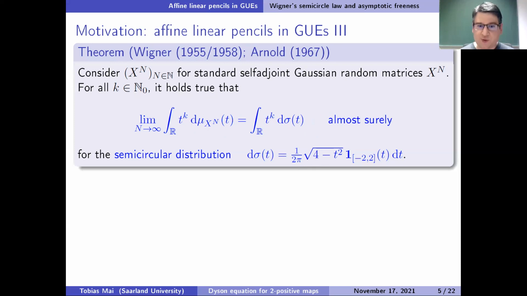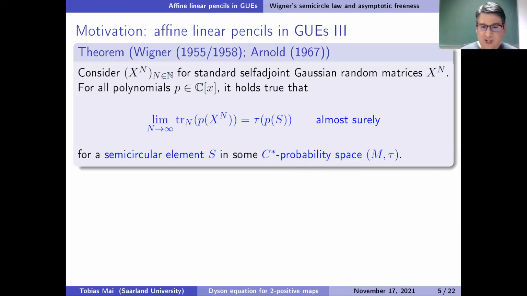And this, in terms of the histogram, simply means that you don't have to take the average over more realizations of your random matrix in order to see this limiting behavior. You can just do it for one realization, and typically you see this behavior here. And in order to go a little bit further, because now we have this free probability language in the background, we can just replace the semicircular distribution by an operator which has precisely this distribution, and such an operator is called a semicircular element.